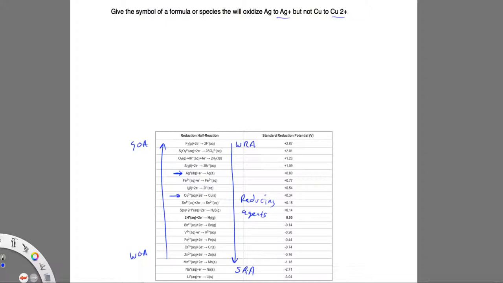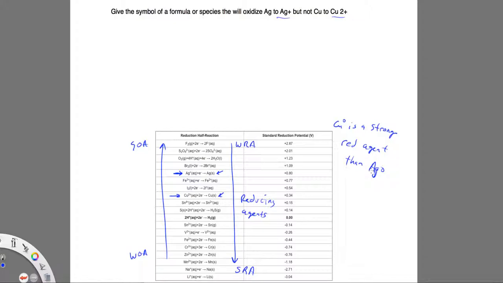Okay, so if we look, we can compare silver and copper, and we can see that copper is a stronger reducing agent than silver.